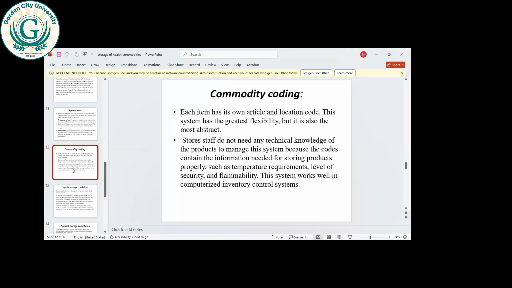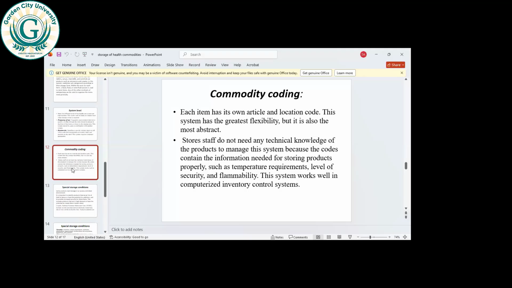So you give a code. These items are narcotic drugs and they are supposed to be here. These items require special security, special storage area. You also have items that are flammable, and so we need to store them accordingly. So you can talk about the location, the commodity coding.